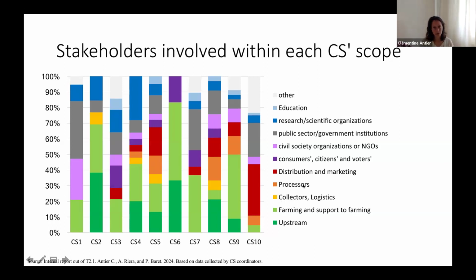Otherwise, not in general. The share of the public sector is quite varied across case studies, and again, this is whether there is a focus on the policy level or the practical implementation level. But you see that in each case study there is a combination of a diversity of actors.